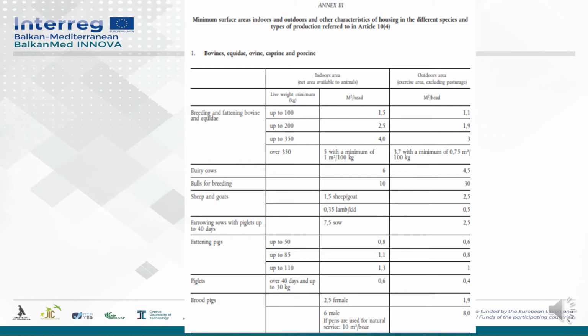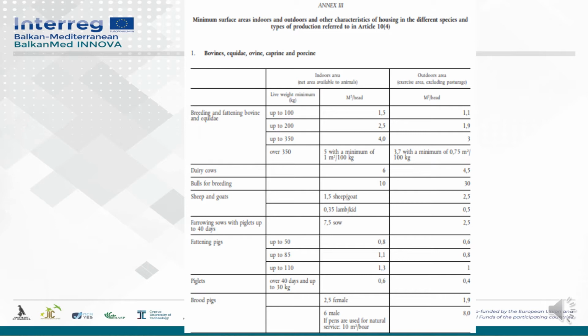However, if the animal is heavier, the minimum is 1 square meter in this case per 100 kilograms. The outdoor area is respectively 1.1 square meters per head, then 1.9, 3, and 3.7 minimum, and so on for other animals.